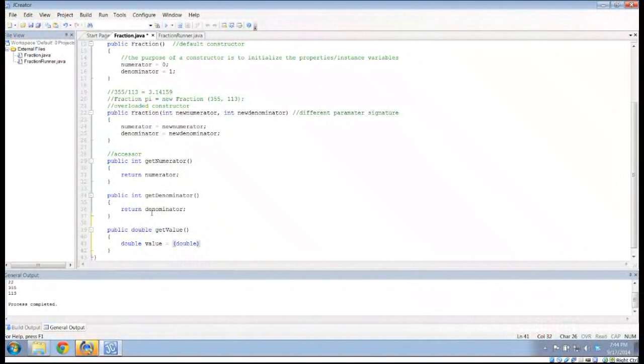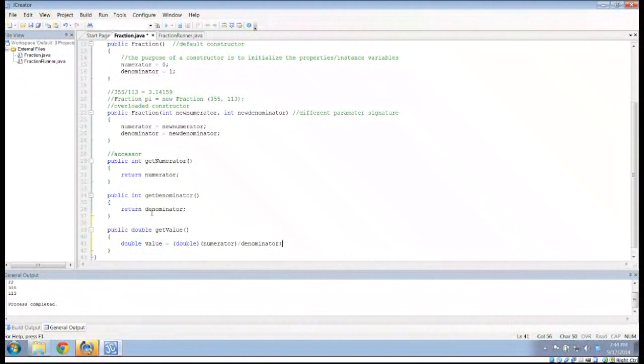Now, if I cast the numerator, then that numerator is now a double, and if I divide by my denominator, that promotes the denominator to a double.